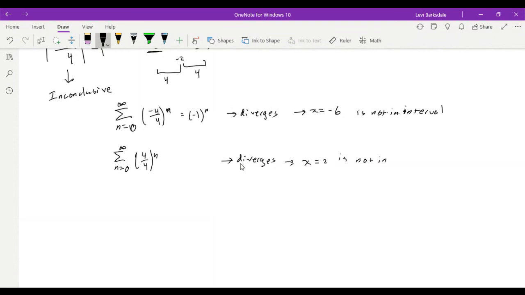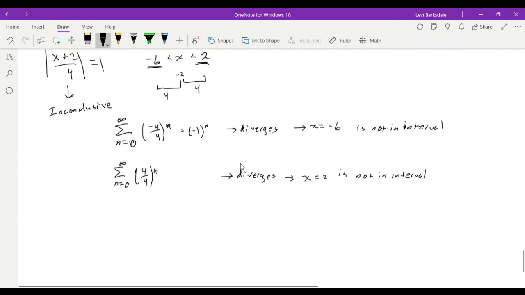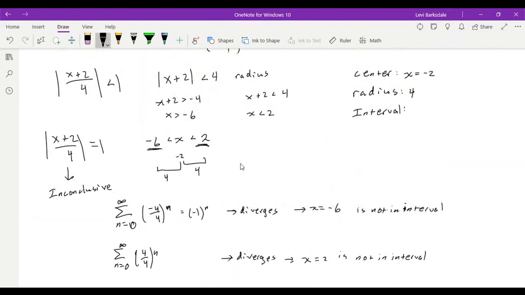So neither of our endpoints were in our interval, which means that our interval is from -6 up to +2, not including the endpoints.